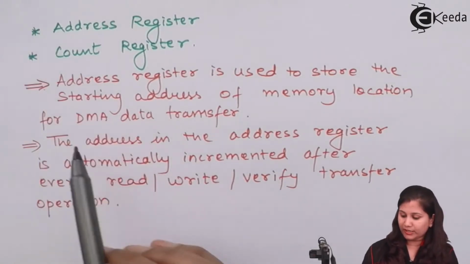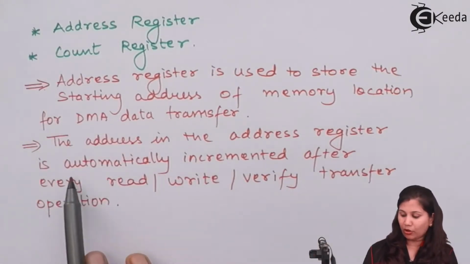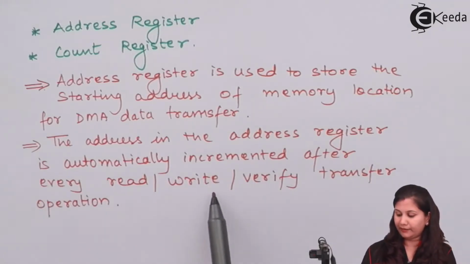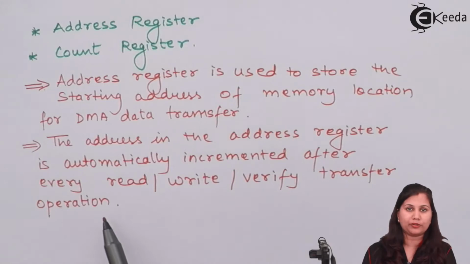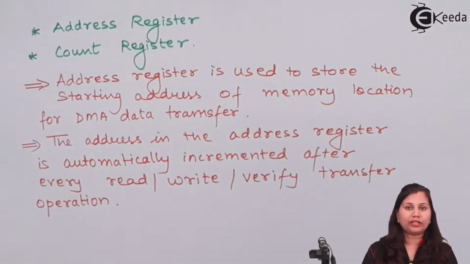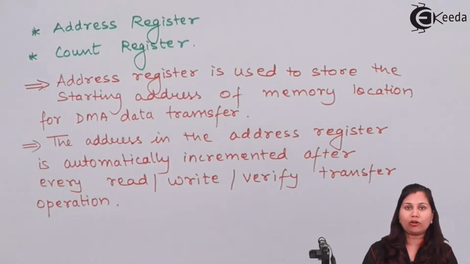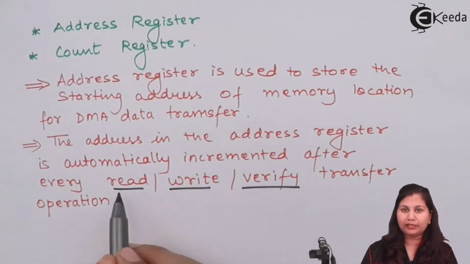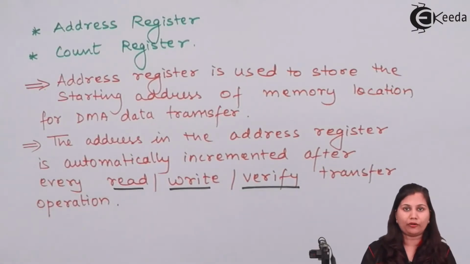Now the address in the address register is automatically incremented after every read, write, verify transfer operation. Whenever a transfer of data takes place, there are three operations associated with it: read, write and verify. Read means to read the data from the location, like from the memory or from the input output device.